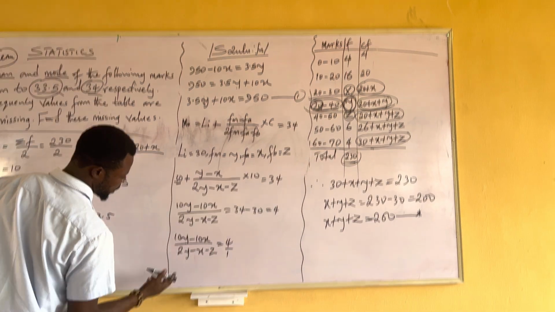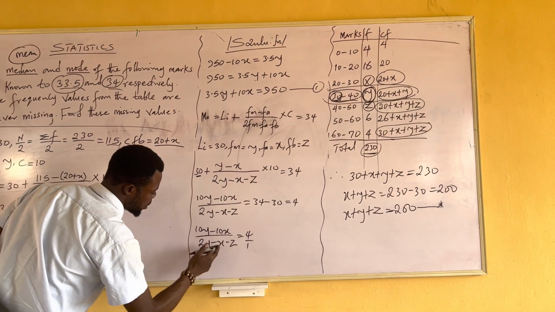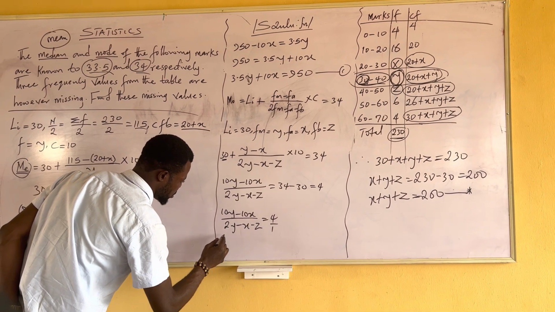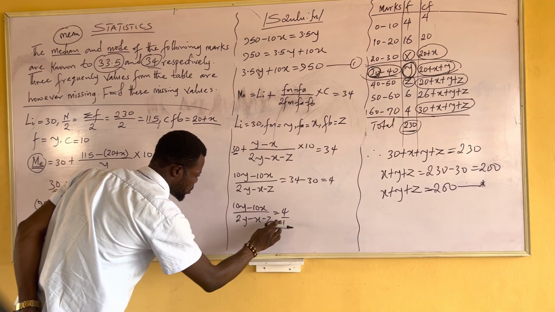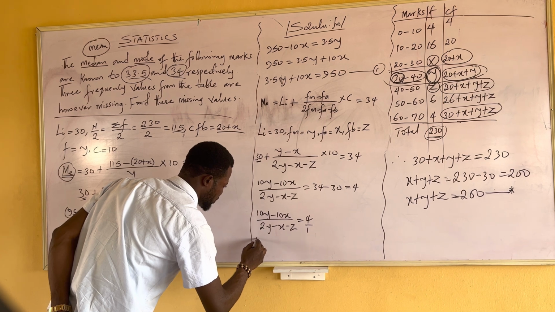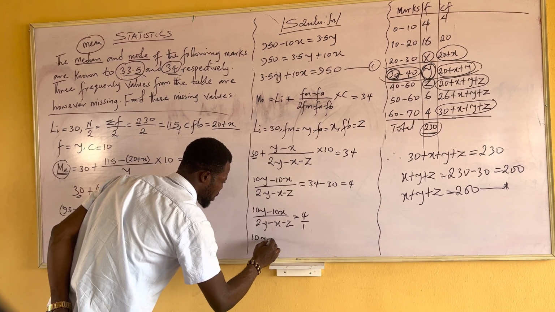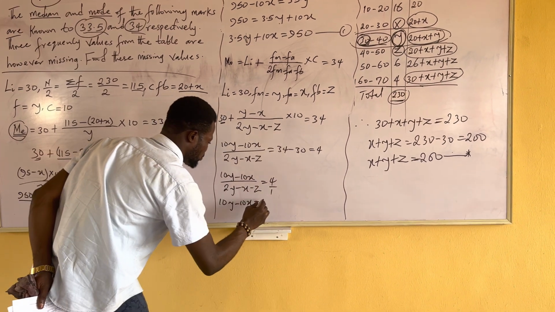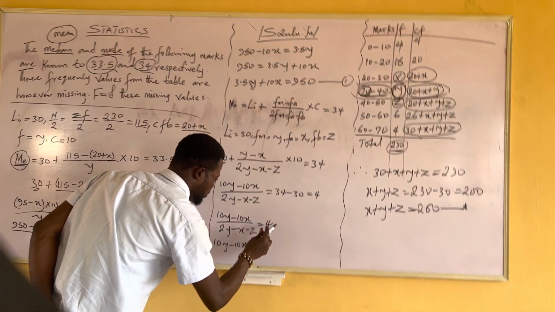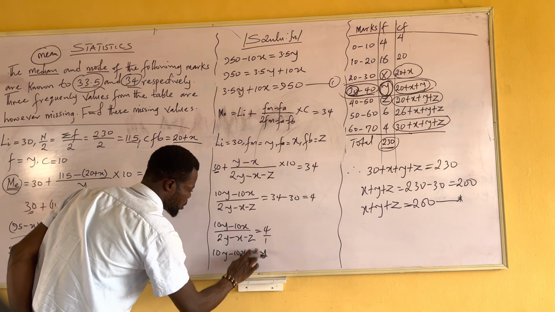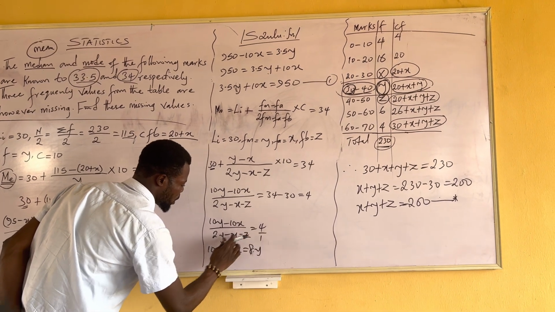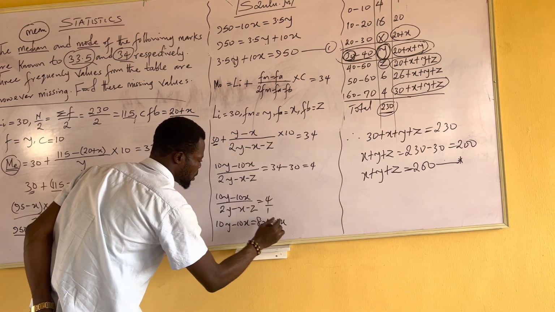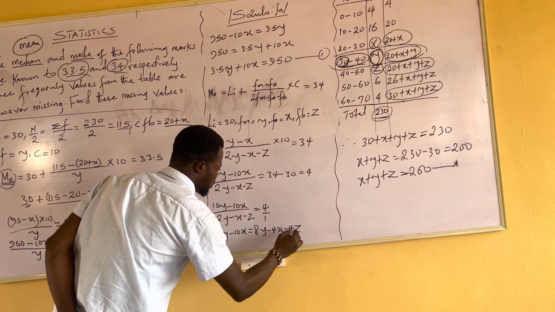When you multiply 4 by everything here, we are going to have 10y minus 10x equal to 4 times this: 8y minus 4x minus 4z.